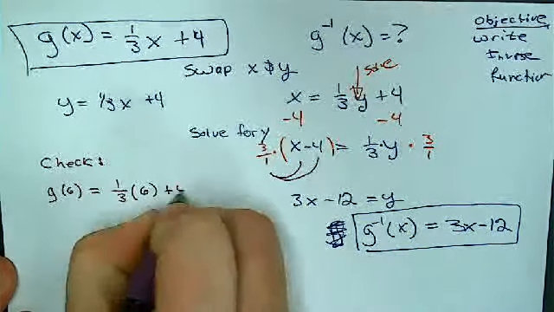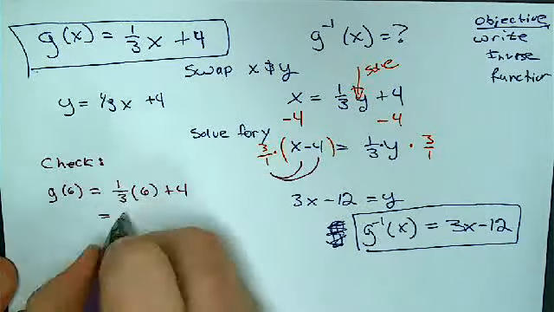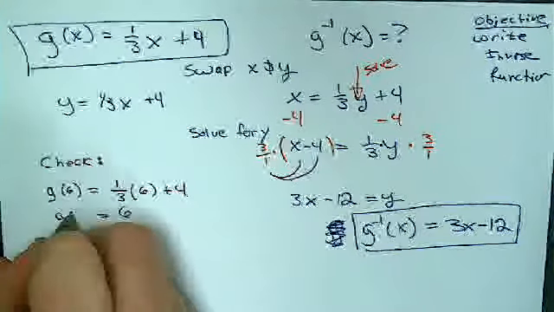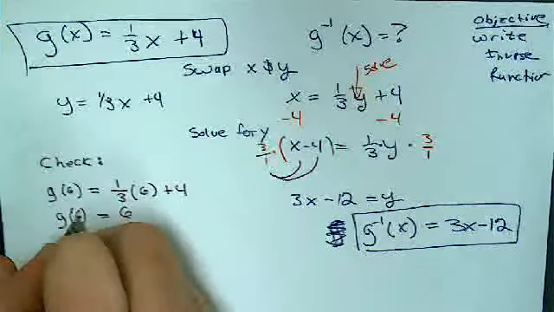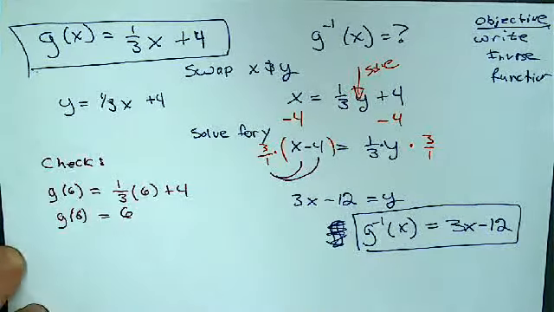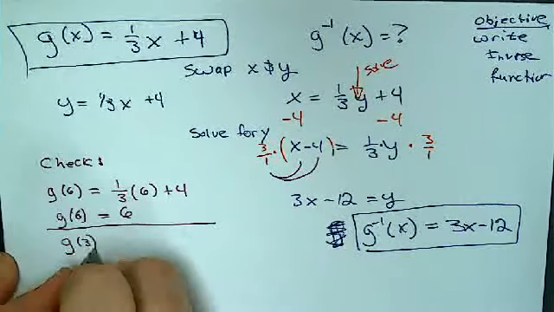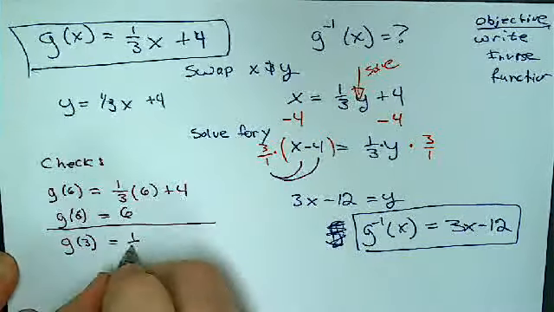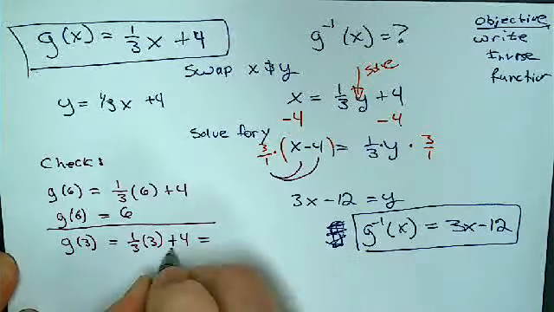So I put it in there, and that gives me an answer of 2 plus 4 is 6. That was a lousy choice. I'm going to do another one because I don't like that choice. Let's do g of 3. You don't have to write them both down. 1 plus that is 5.